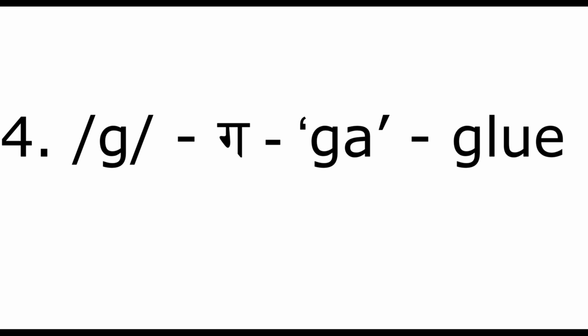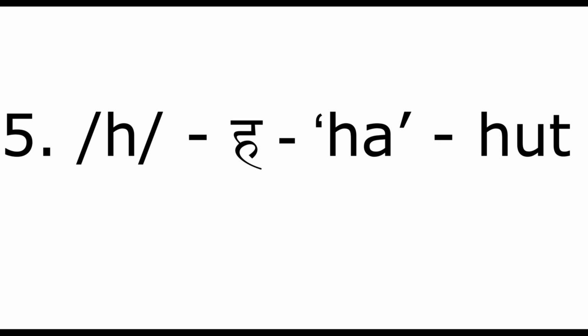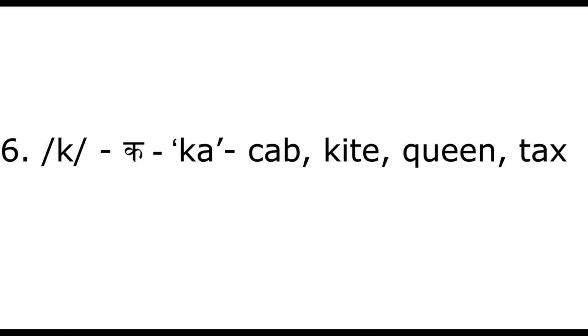G sound as in glue, goal, begin, bag. H sound as in hen, house, behind. Next is K sound as in cab, kite, queen, tax, kitchen, bike, and so on.